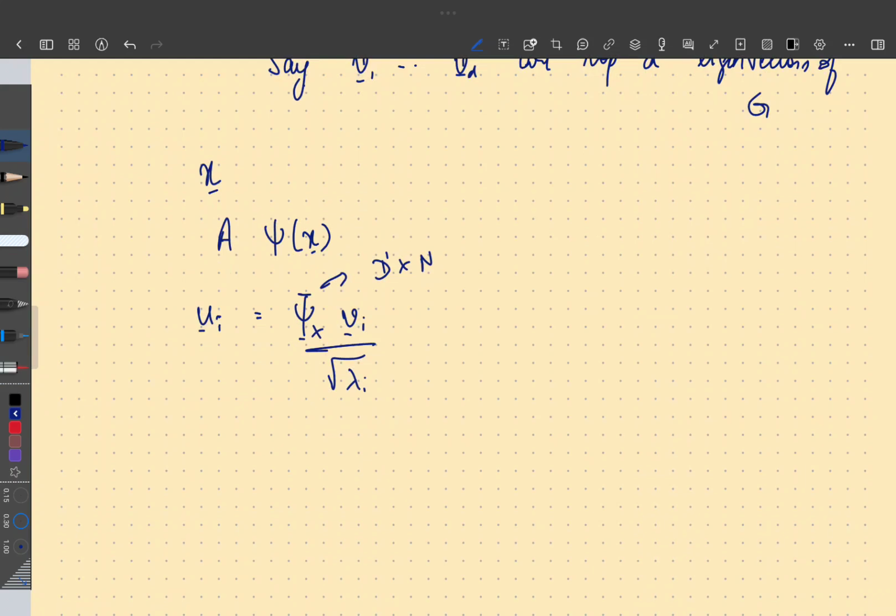So if I want to express an arbitrary vector x, the projection is basically going to be the inner product of x with ui times ui.